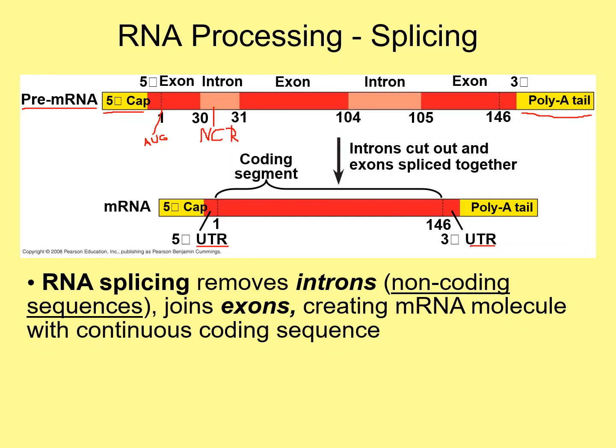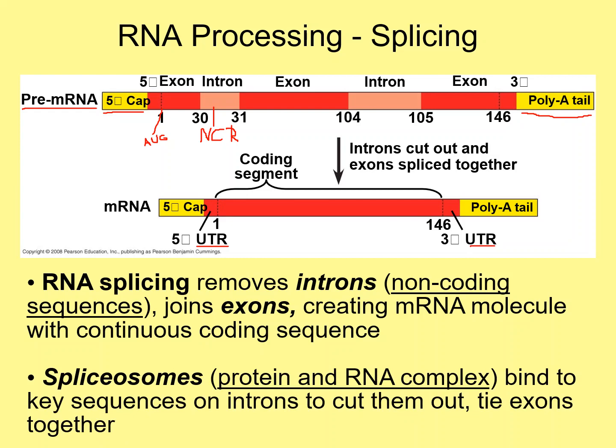So the introns get spliced out, and they get spliced out by these really cool enzymes called spliceosomes. And a spliceosome is a protein and RNA molecule complex. And it's actually the RNA molecule that catalyzes the reaction. So a spliceosome is a kind of enzyme.